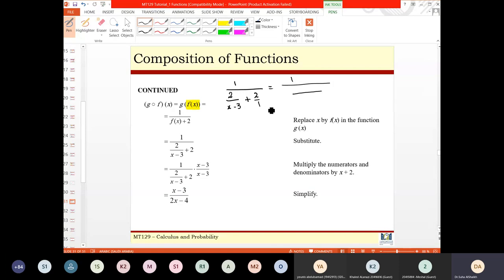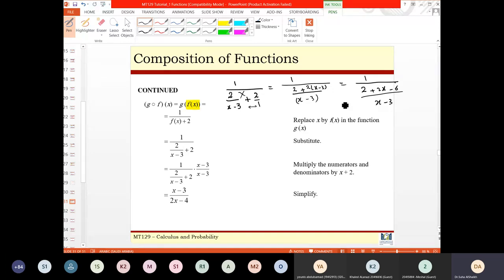So x minus 3 في 1 is x minus 3. And هنا أسوي cross multiplication. This is 2 plus 2 في x minus 3. This equals 1 over 2 plus 2x minus 6 over x minus 3. مقام المقام بسط. Bottom of the bottom is the top.